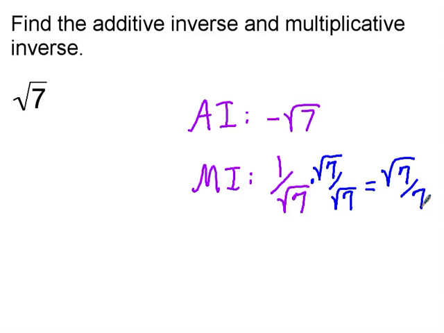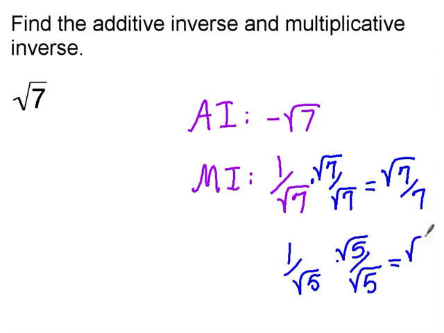It's actually root 49. Square root of 49 is 7. So if you had something like 1 over root 5, what are you going to multiply by? Root 5 over root 5. So your answer is root 5 over 5. Okay. So far, so good? Should be pretty straightforward.